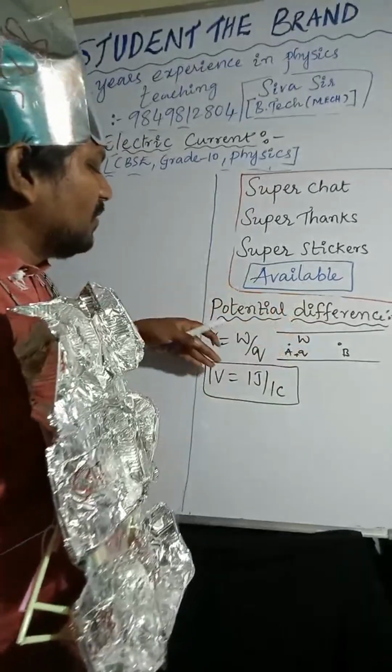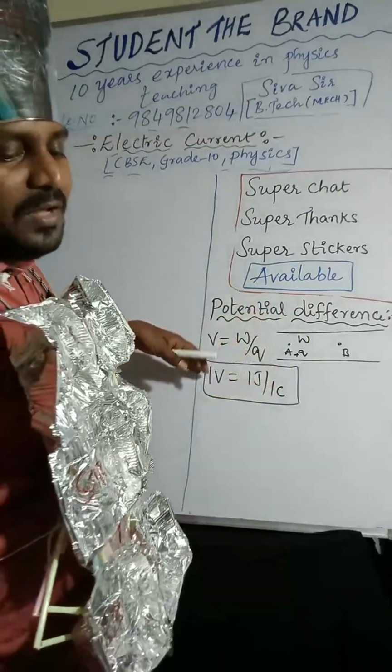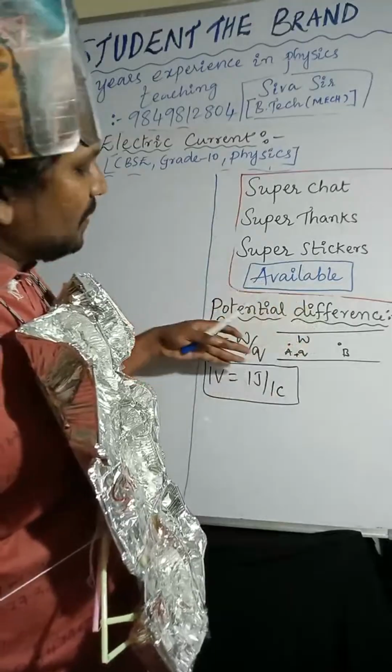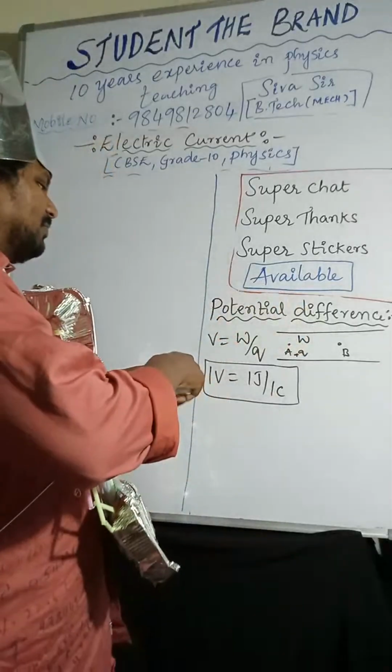So that is nothing but 1 volt equal to 1 joule by 1 coulomb. Okay, so this is about potential difference.